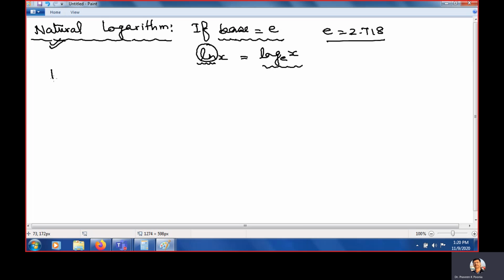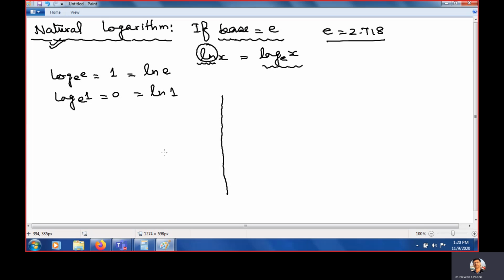So log of e base e is always equal to 1, and log of 1 base e is always equal to 0. Please remember this. You can write this as ln e, or ln 1. Clear?